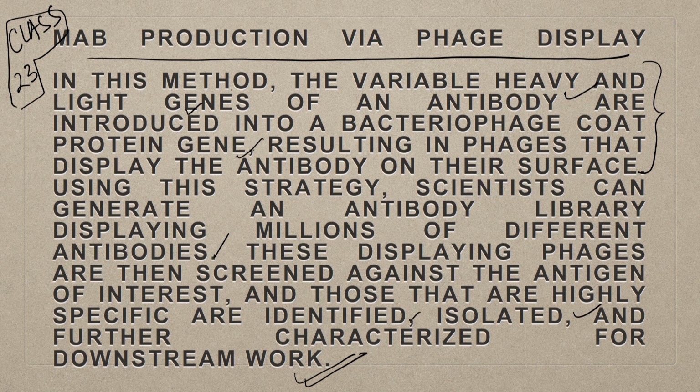So, what you are essentially doing is, for every antibody, there are genes which are coding for those antibodies. It has heavy chain, light chain, variable heavy chain, variable light chain, and so on and so forth. You pick up that fragment of the DNA and integrate it into an external coat protein gene of the bacteriophage, and you express them.